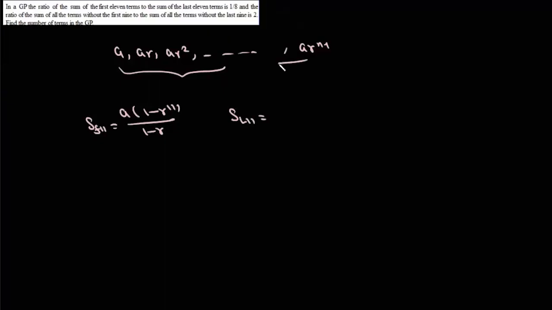Now if you look at last 11, this last 11 terms will be a GP from this side, and here this first term will be AR to the power n minus 1 and its common ratio will be 1 by r.